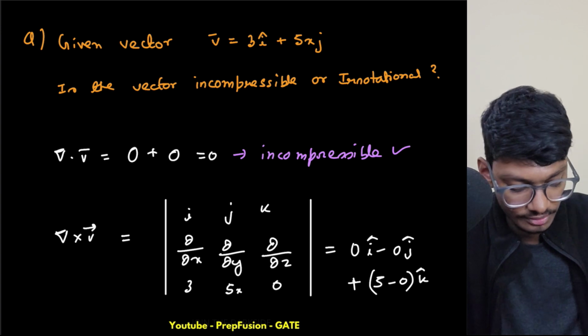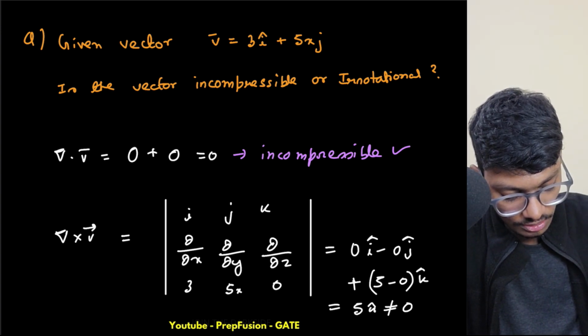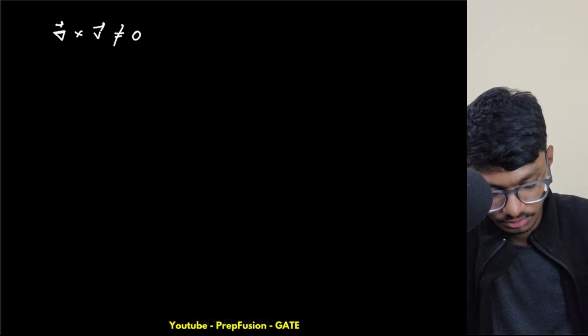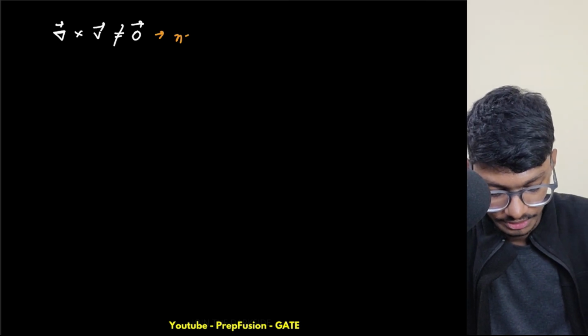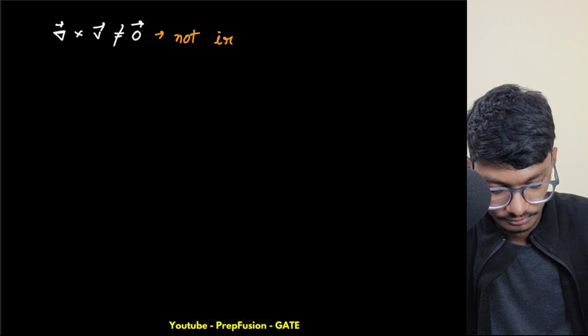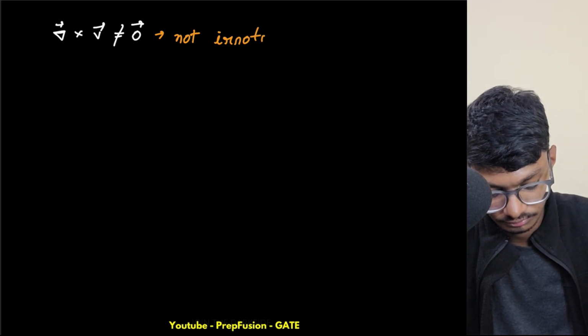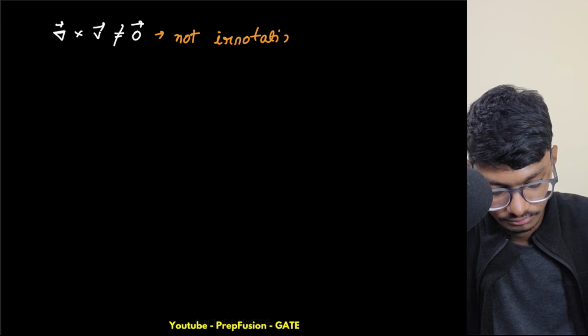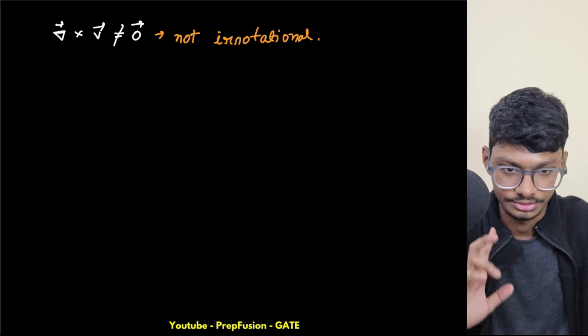Obviously we can see this is not a null vector, so del cross v is not equal to the null vector, hence it is not irrotational. Basically it is rotational. Okay, so this is the answer for this question.